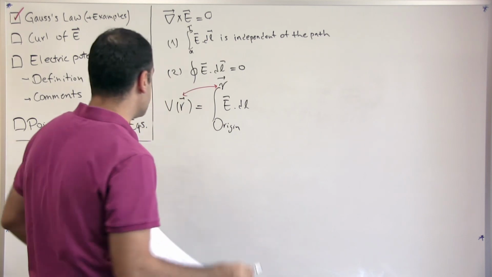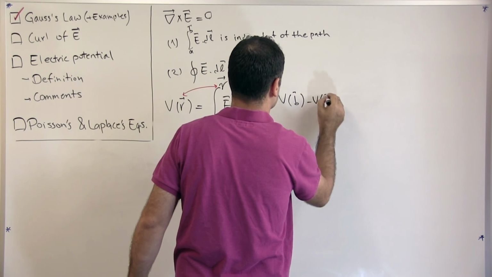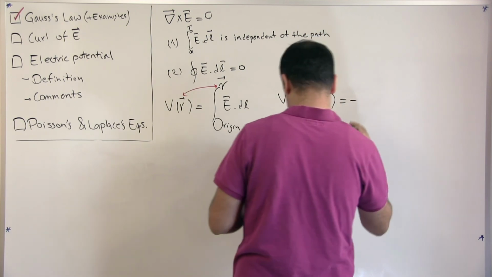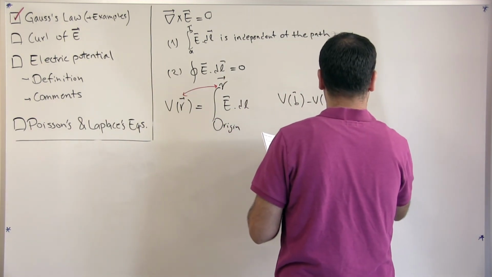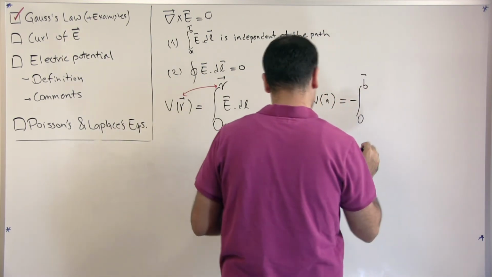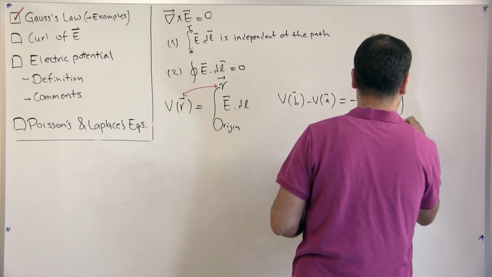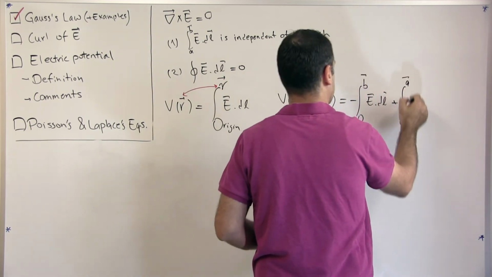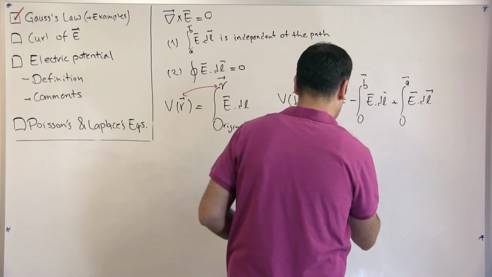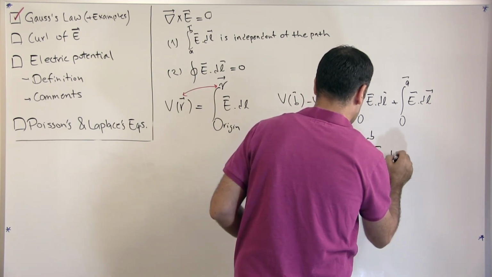And then the difference in potential, let's say VB minus VA, is equal to negative the integral from the origin to B of E dot dl, plus the integral from the origin to A of E dot dl, and that is equal to negative the integral from A to B of E dot dl.